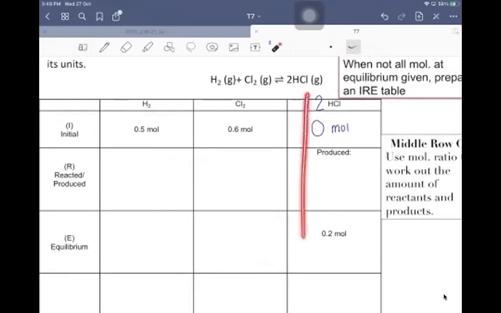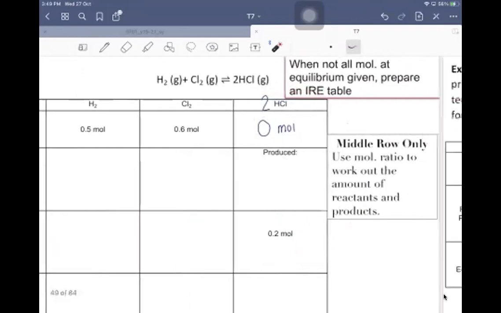So if you look at the column for HCl, I have initial 0 mole for the product. At equilibrium, I have 0.2 mole of product. So that means I can use one of the expressions.